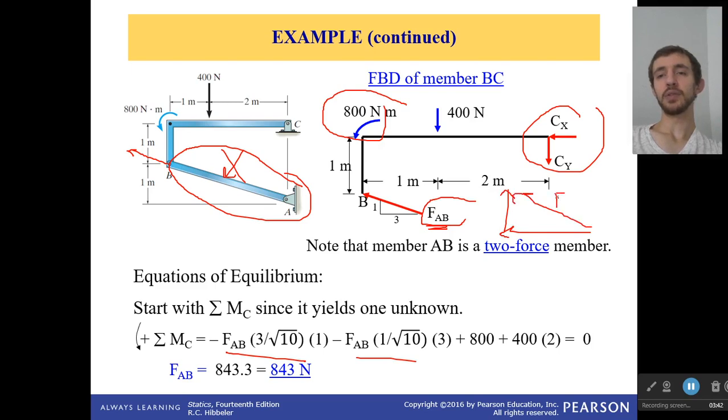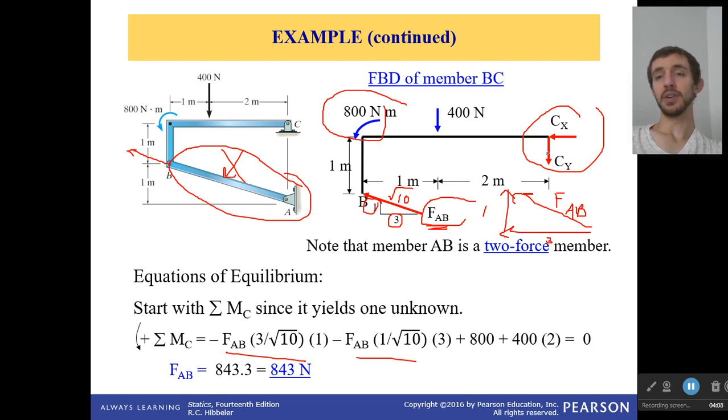We can figure out which ones those are by looking at our slope triangle. So this one is 1, this is 3, if we're just talking about slope. And that will make this one right here the square root of 10, because that's 3 squared, which is 9, plus 1 squared, which is 1. So square root of 10. So you can see that the vertical component is 1 over square root of 10, and the horizontal component is 3 over square root of 10.